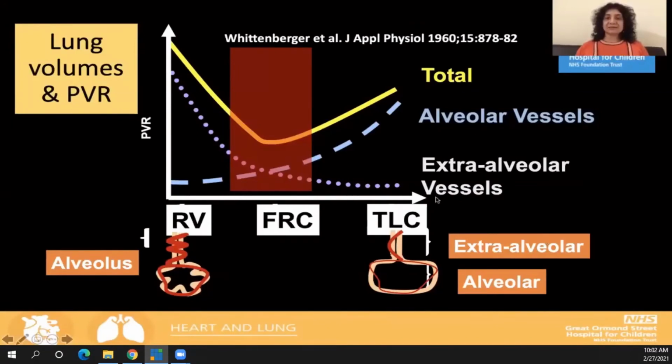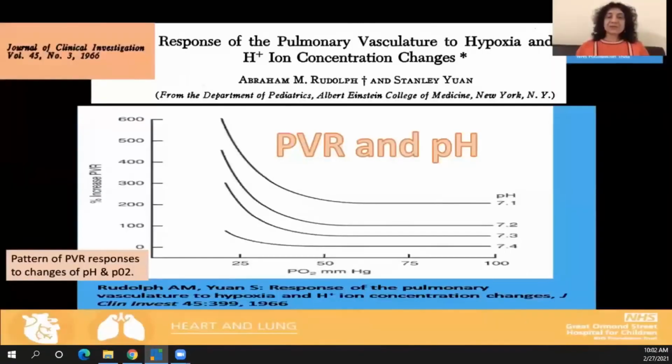This is because of the interplay between the alveolar vessels and the extra-alveolar vessels at residual volumes and at total lung capacity. Another important interaction which I'd like to highlight is the interaction between the pulmonary vascular resistance and pH. And again, this is a paper from 1966 which shows the pattern of pulmonary vascular resistance to changes of pH and PO2.